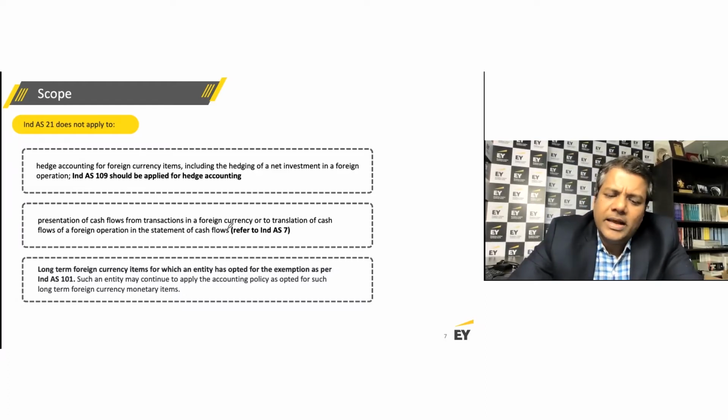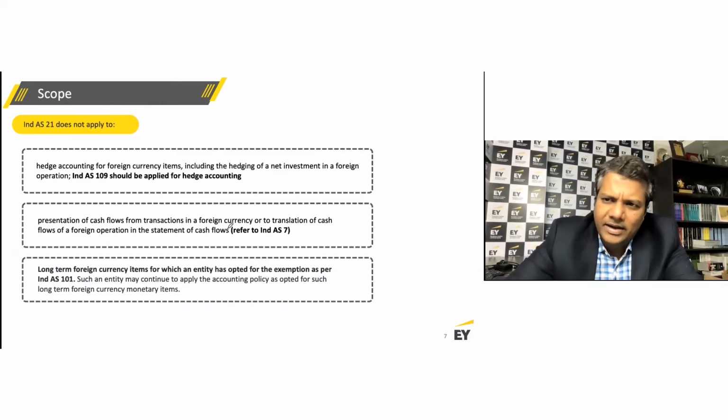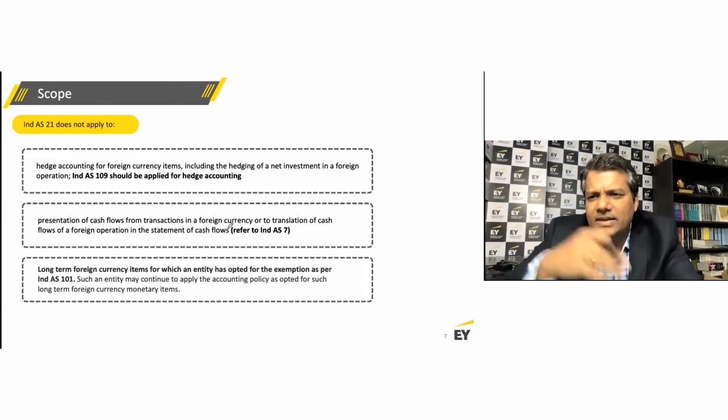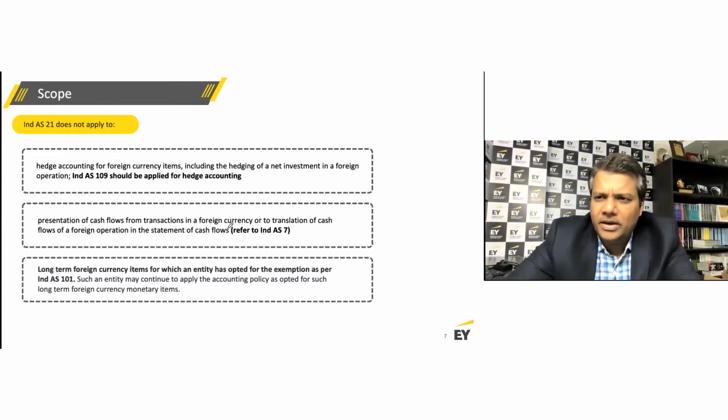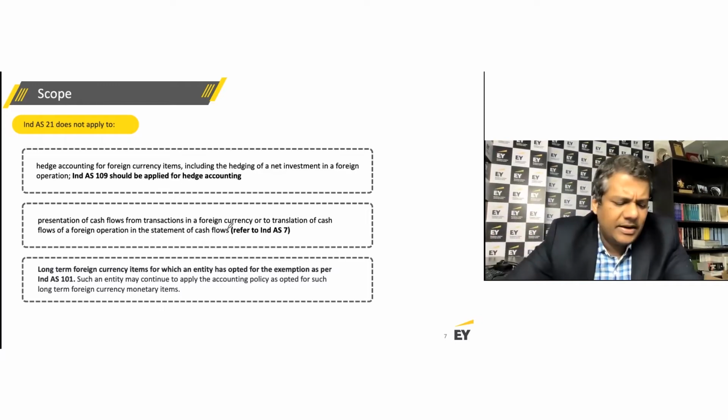That is only applicable to the extent you have existing long-term monetary foreign currency exposure, for which somebody would have taken a decision that the mark-to-market gain or loss will not go immediately to P&L, but will get amortized or recognized over the period of the loan. So that was a transition type of adjustment.